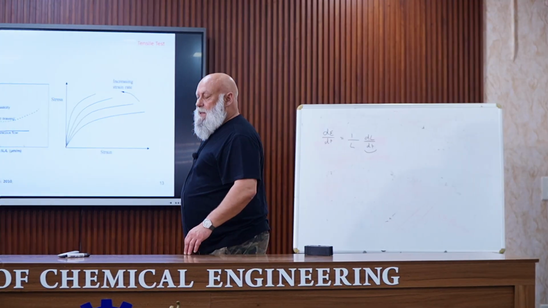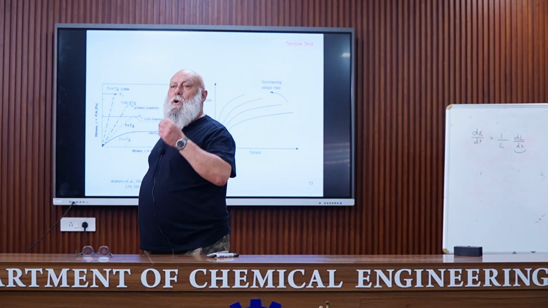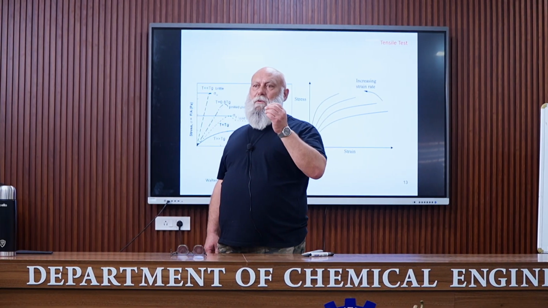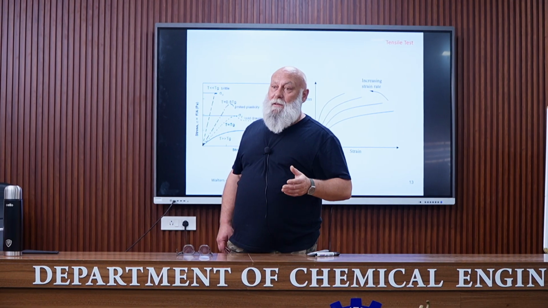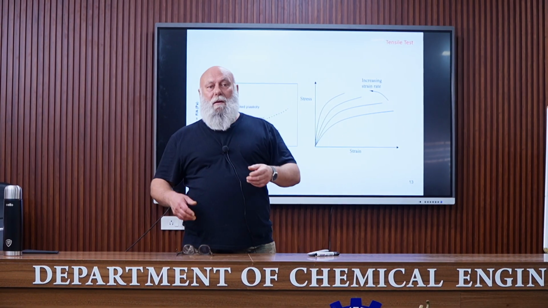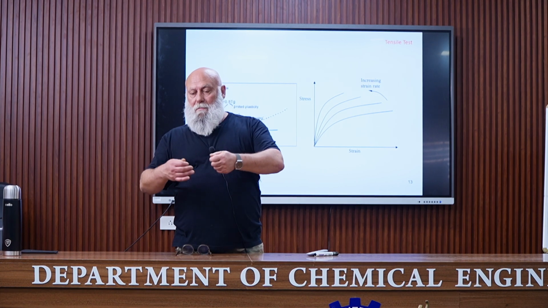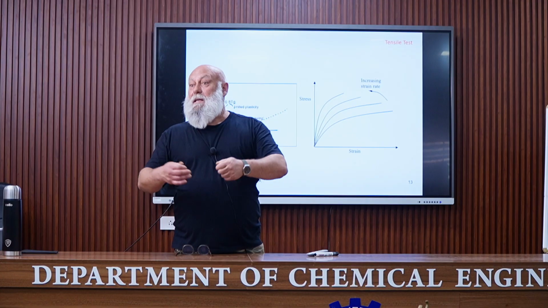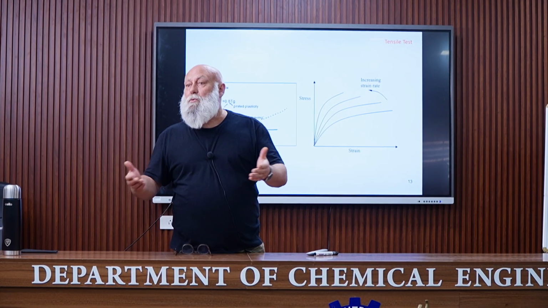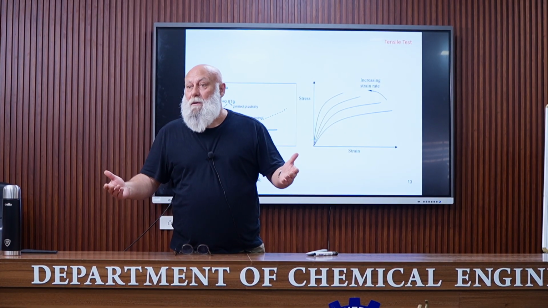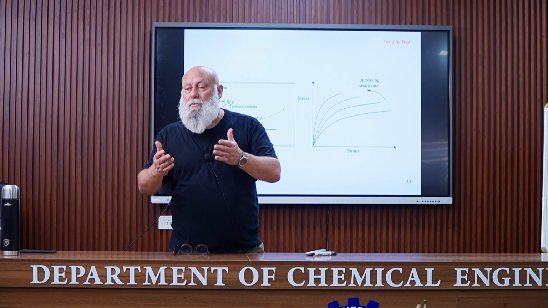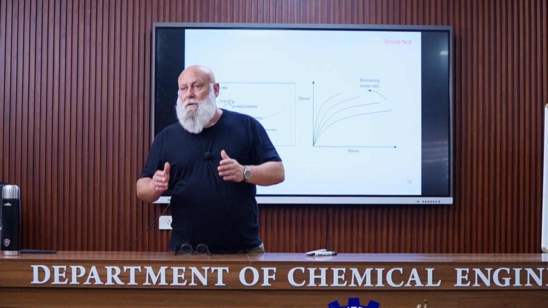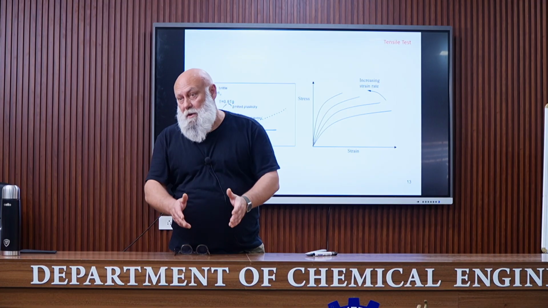Probably the tensile test is more representative of real life, let's say. Because usually a material is submitted to high stress, high strain, and it can break, and this is what we want to avoid in general. So it's important to know in which condition the material will break to avoid it.